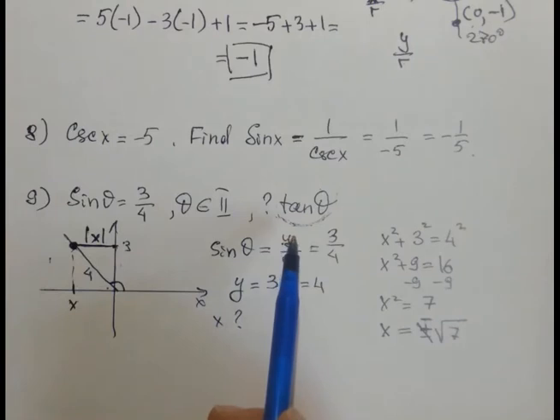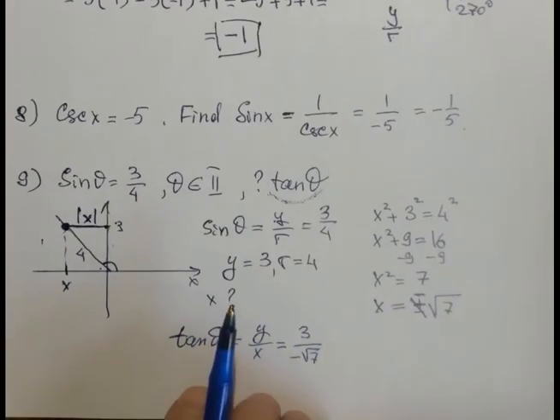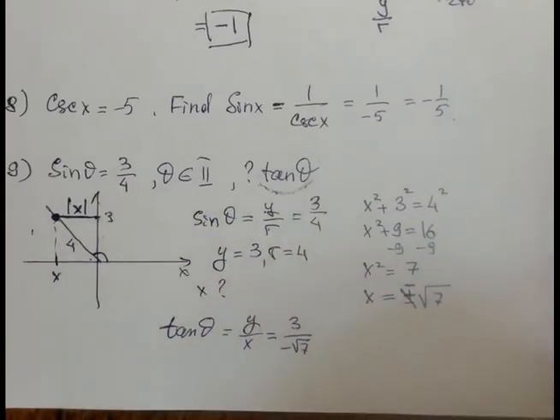Now we can find the tangent of theta. Tangent of theta equals, by definition, y over x. y equals 3. x equals negative square root of 7. So negative 3 over square root of 7. And we want to rationalize this denominator.